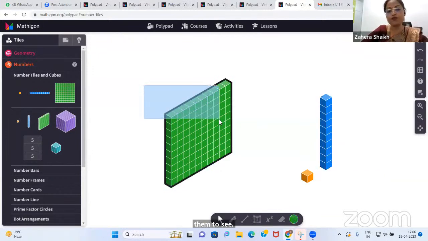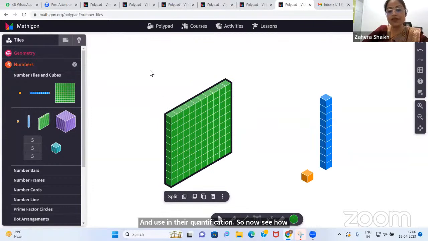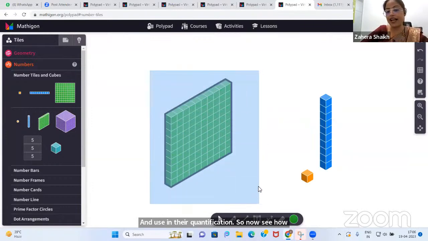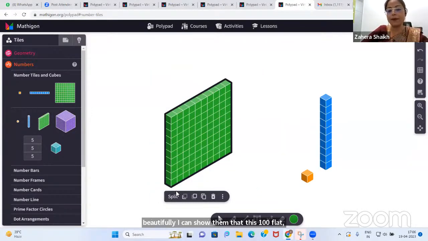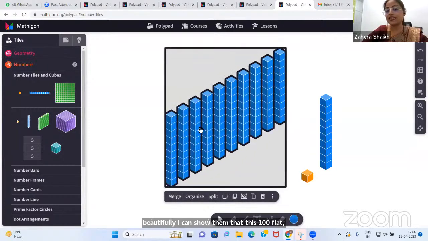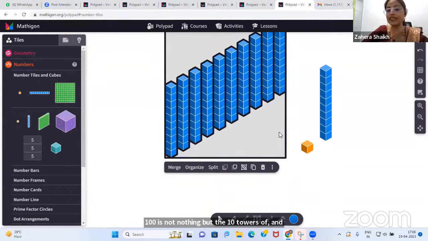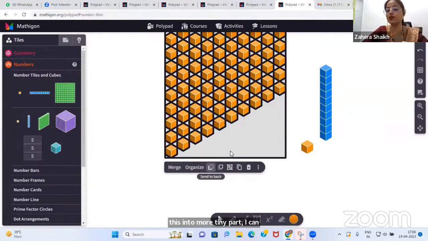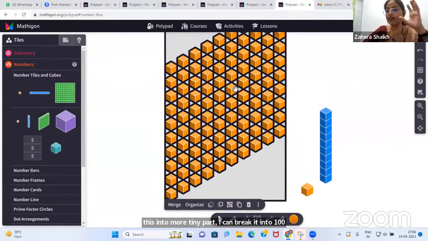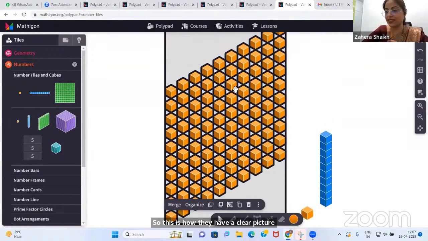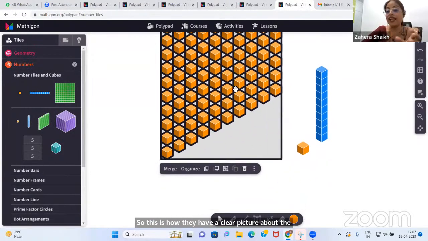Now see how beautifully I can show them that this flat square of 100 is nothing but 10 towers of tens. And if I break this into more tiny parts, I can break it into 100 units. This is how they have a clear picture of numbers, and it gives them flexibility.